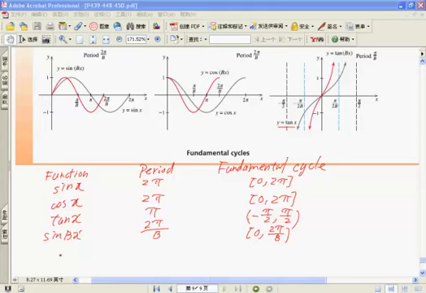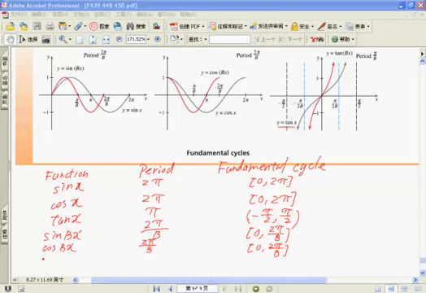Similarly, we have cosine of bx. The period is also equal to 2 pi over b, and the fundamental cycle is also from 0 to 2 pi over b. Here, this is the graph of y equals cosine bx, so the fundamental cycle is from 0 to 2 pi over b.